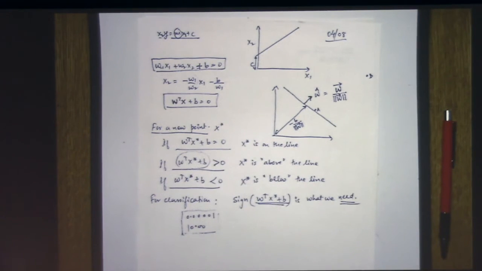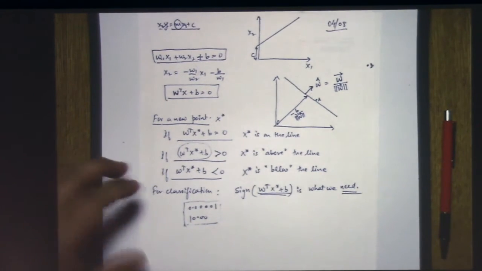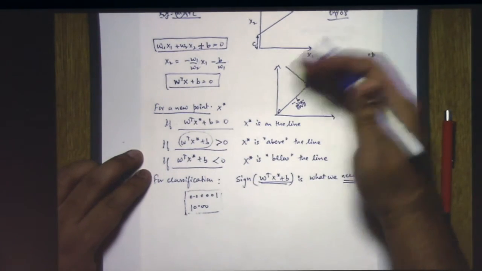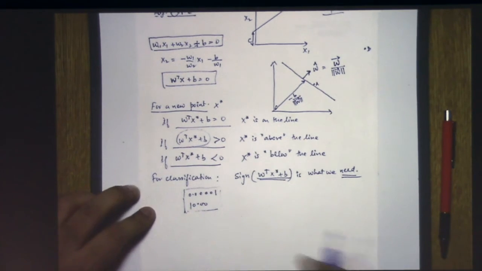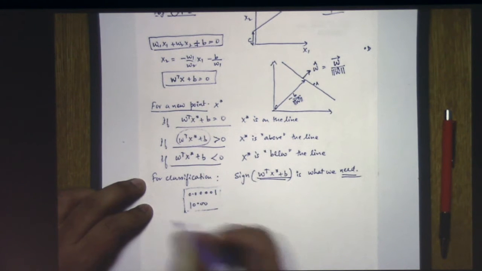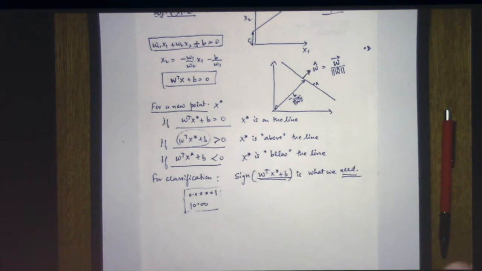That motivates us to learn lines such that all the positive points are as far as possible, and all the negative points are also as far as possible. That would give you high confidence predictions. So that is the motivation behind margin. We want to learn a line that is far from all the points. You don't want any point to be close to it.